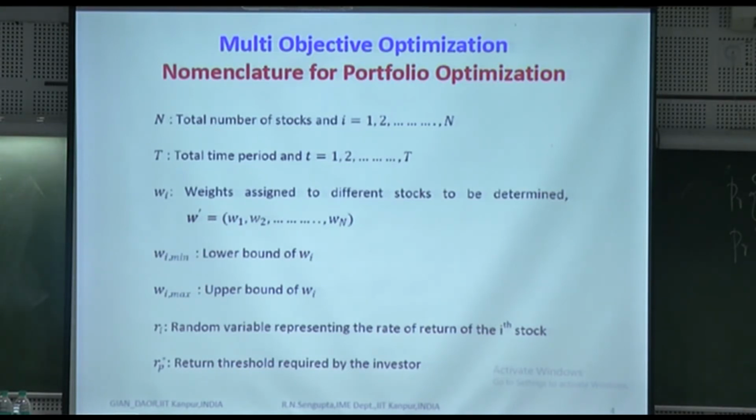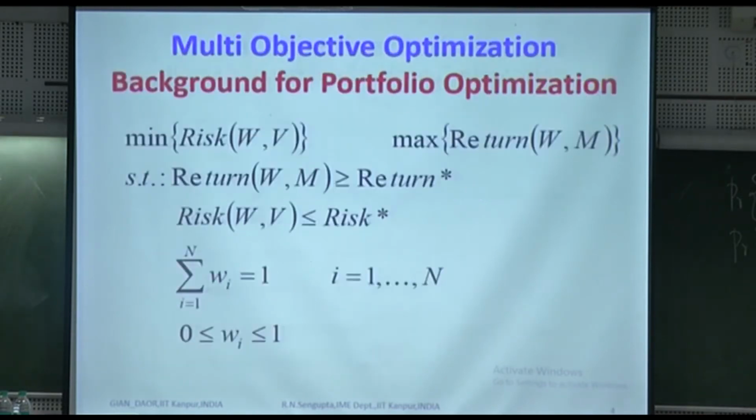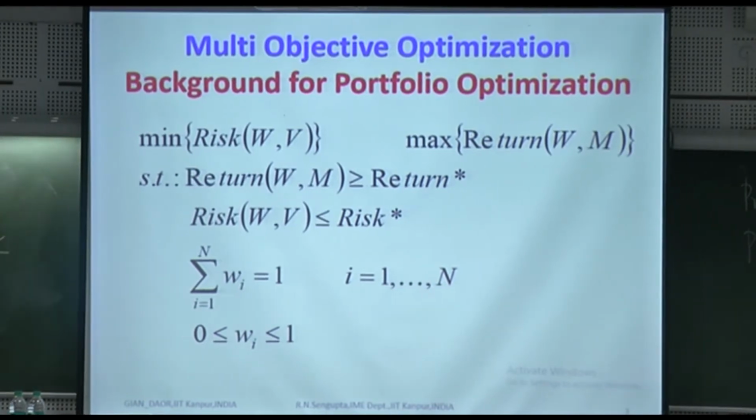I consider Ri as the random variable representing the rate of return for the stocks, and Rp is the return threshold required by the investor, basically the Rp star I was talking about. Now if I pause and find the model in a very simplistic sense, this is a multi-objective problem with deterministic constraints, and we solve it using any multi-objective optimization. Solve our problem and the problem is done.